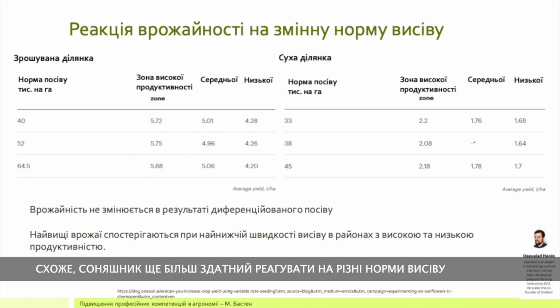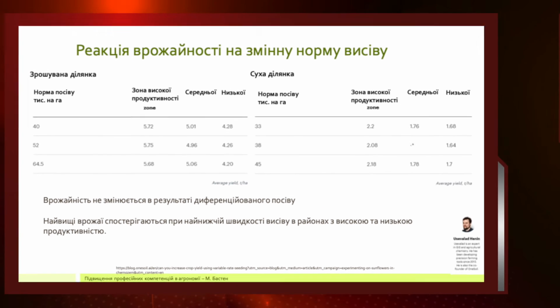So it looks like the sunflower is even more capable of reacting to different seeding rates by changing the yield components, meaning very much the head size and the number of seeds per head as a response to competition in the field by too high a number of plants per square meter, for instance.